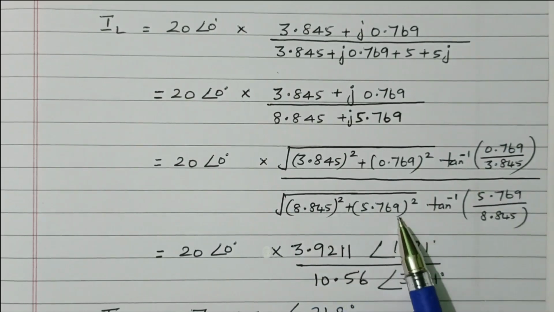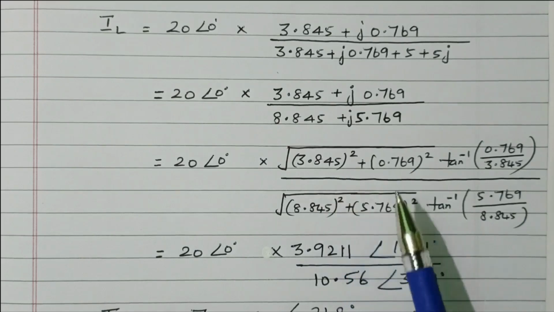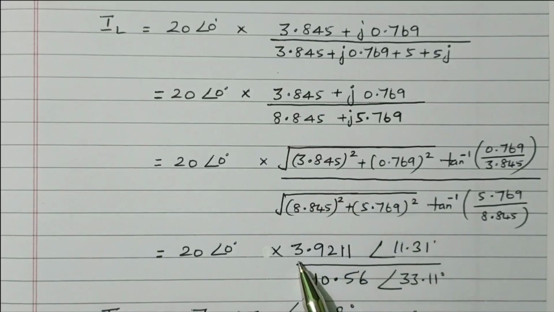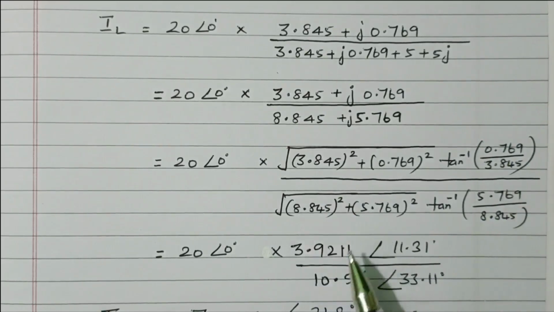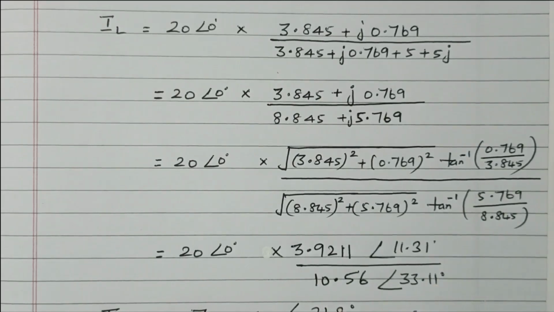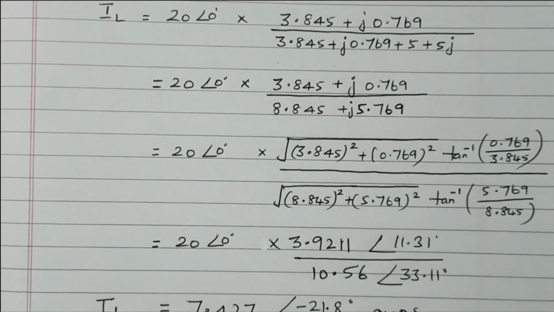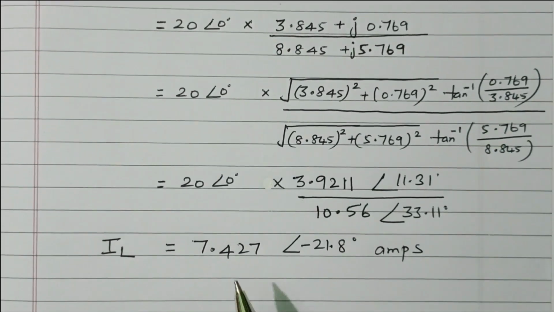Similarly in the denominator also. Right. So after simplification we got 3.9211 angle 11.31. Simplification of this is 10.56. This angle is 33.11.